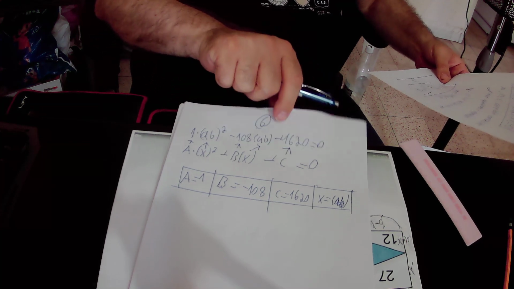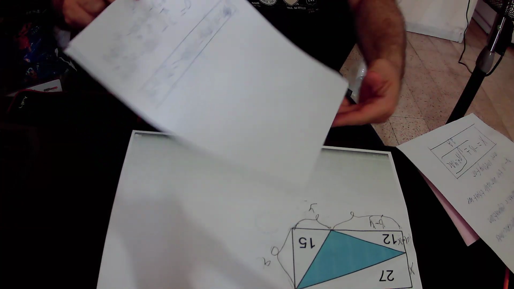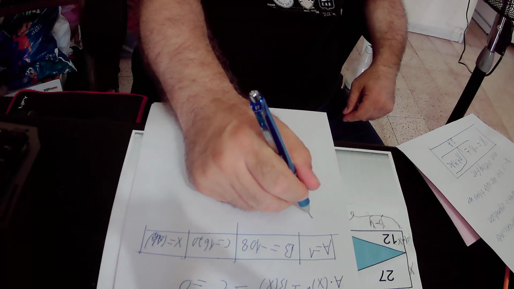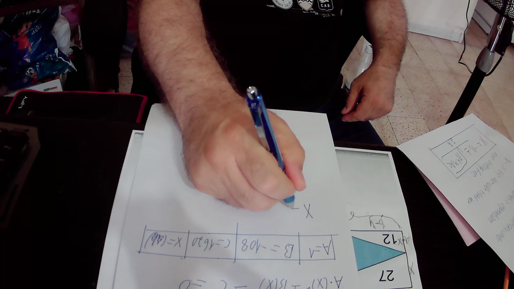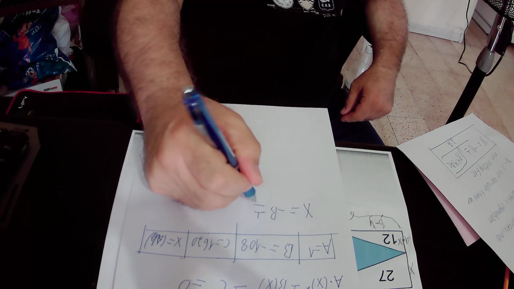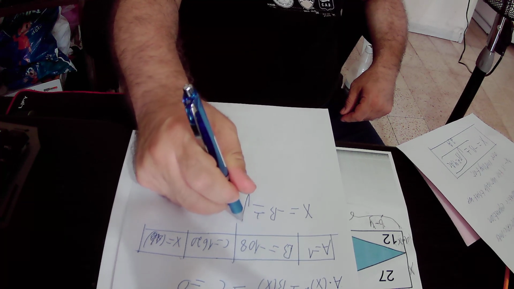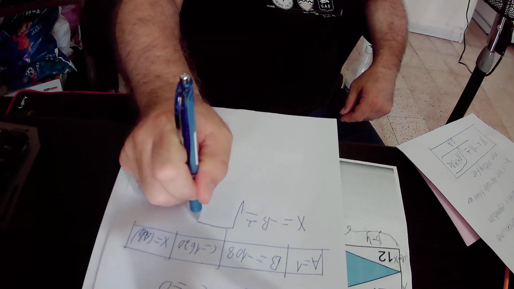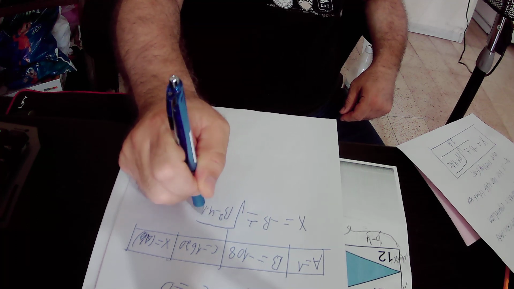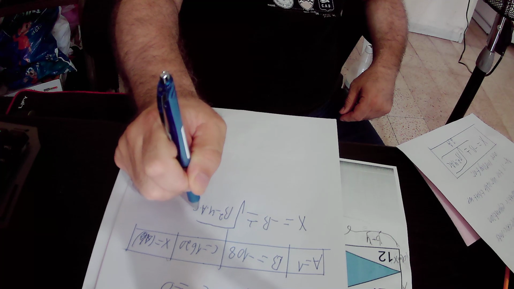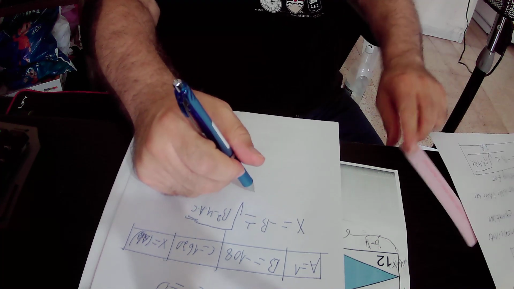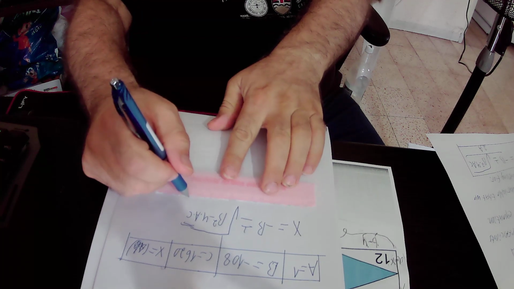Okay, so we will write first of all the general formula for x. x equals minus b plus minus root of b squared minus 4 times a times c, all divided by 2a.